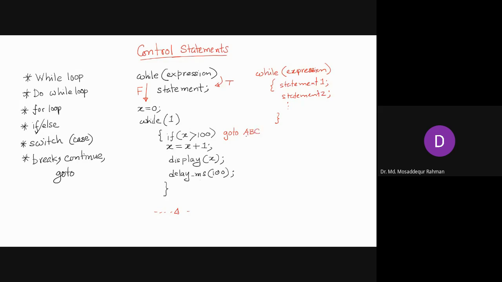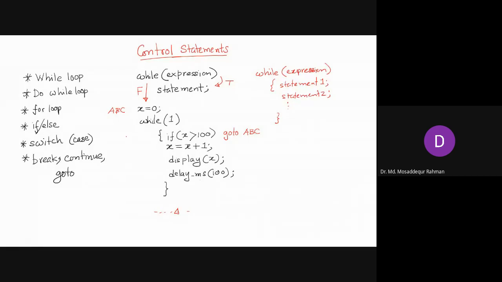Let's say ABC is a label for a certain instruction, and it can be put against any of the instructions. So let's say we label this x equal to 0 instruction with ABC. So if we write like this, when the program says if x is greater than 100, go to ABC, then what will happen?